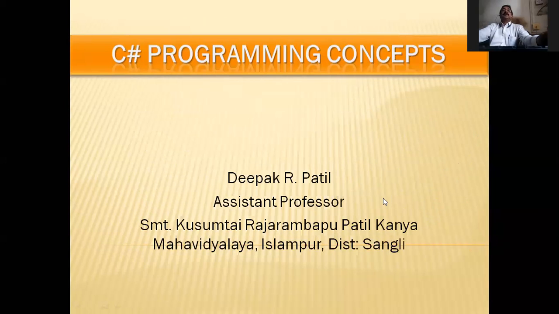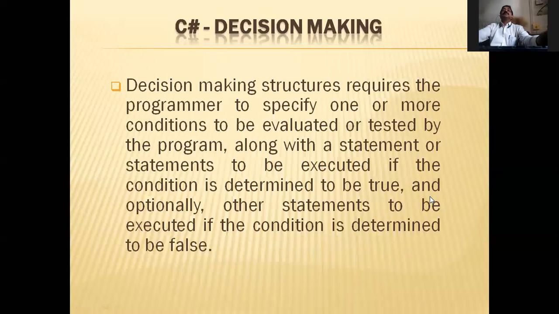Okay. Let us start with C programming concepts, C# programming concepts, and we have already seen these different programming concepts like data types, history, the constants and variables. Let us start with the decision making.